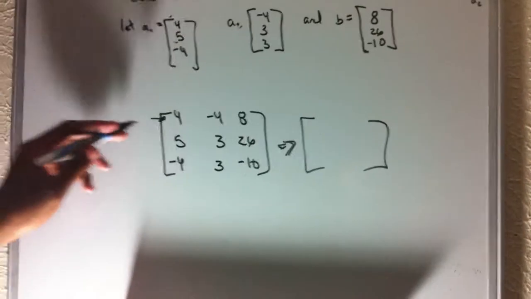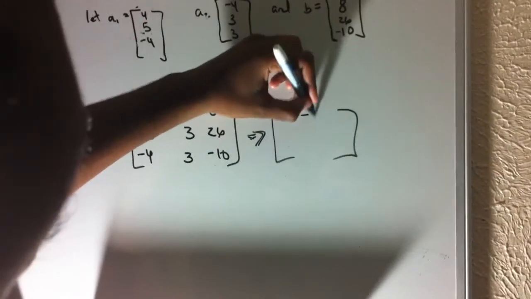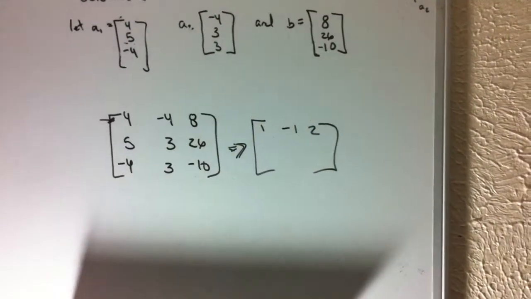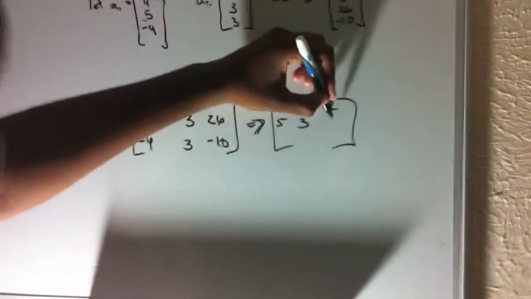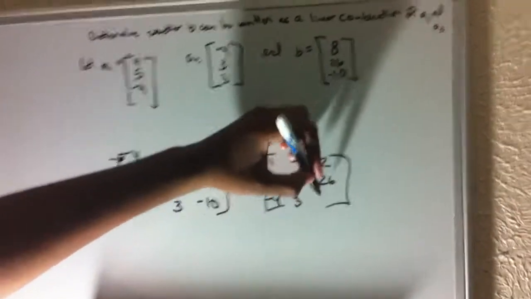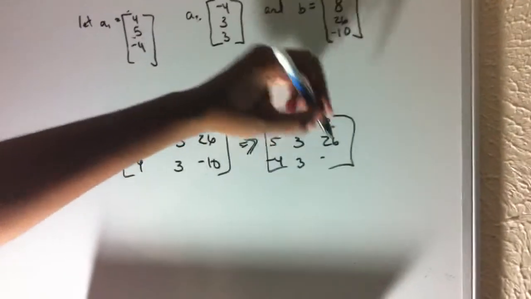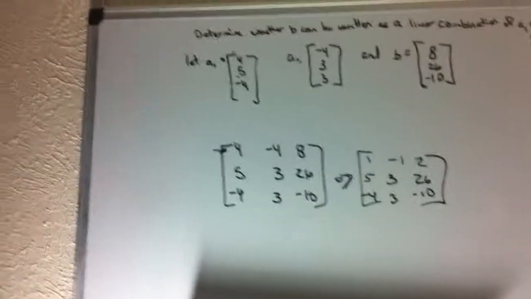So we're gonna reduce this to 1, -1, and 2, and just keep all other values the same for right now. And -10.